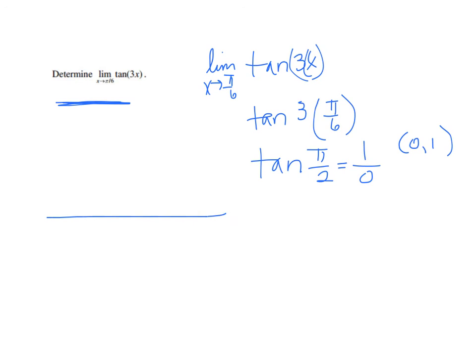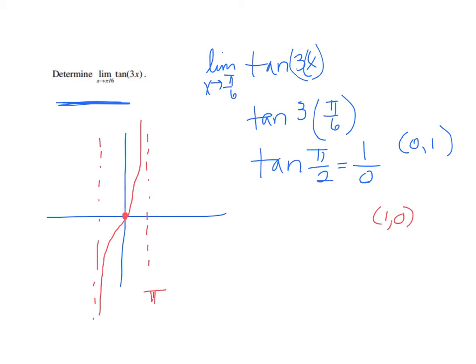So if we were graphing this, right, remember that the tangent graph goes through the origin. It's centered on the origin because the tangent of 0 is 0, right? Because this point over here, if we were doing the unit circle, this point over here would be 1, 0, right? Always, so the tangent of 0 is 0 over 1. And remember that tangent goes this way. So guess what this asymptote is? This is pi over 6.